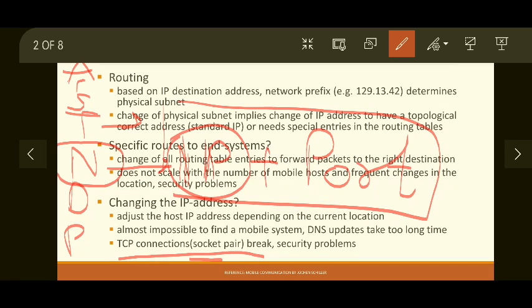Okay, because you have to confirm whether the changed socket is a valid one and it is not an attacker, and there are so many other issues which are related to transport layer security. Okay, so because of this, changing the IP address is not also a feasible solution for mobile communication systems in case of routing the packets.